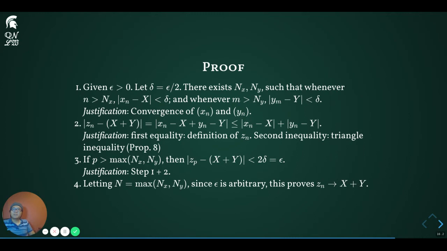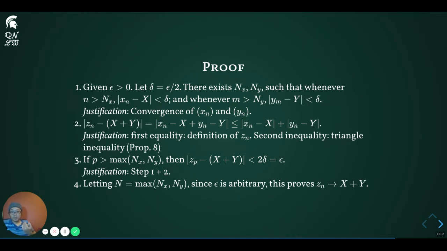To prove that the sequence z sub n, which I remind you is formed by the term-by-term sum of x sub n and y sub n, converges to capital X plus capital Y, we need to evaluate the difference z sub n against the putative limit. When doing so, we first replace z sub n by its constituent x sub n and y sub n. Then we can apply the triangle inequality.